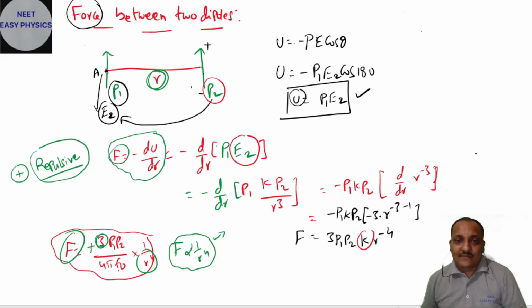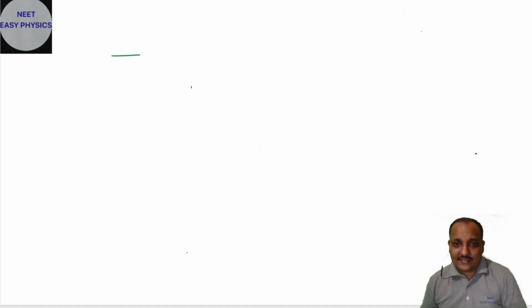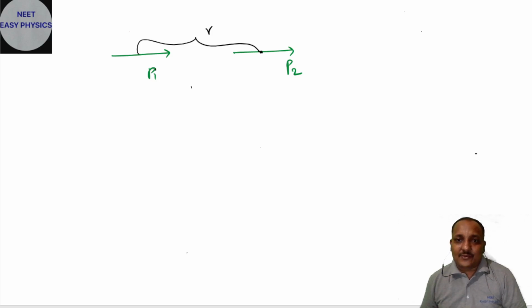Okay, now if these two dipoles are placed like this, let us say on the axis, P1, P2. Now how is this going to be derived? The distance between these two centers is small. Now P1 is in the electric field produced by P2, like P2 is in the electric field produced by P1.